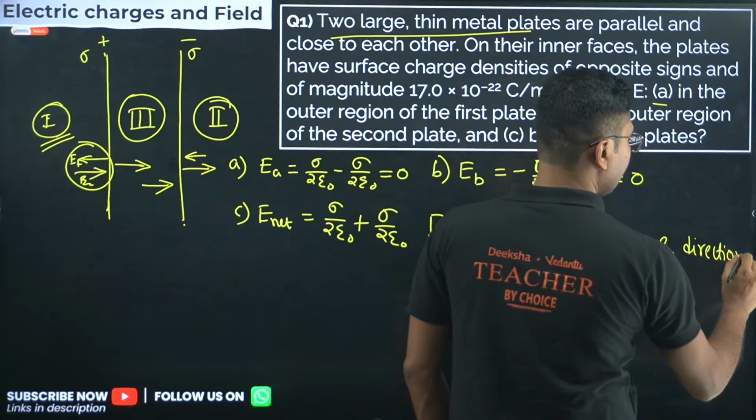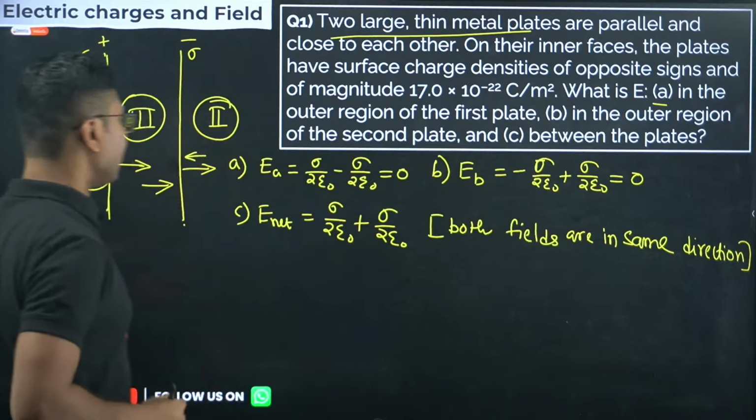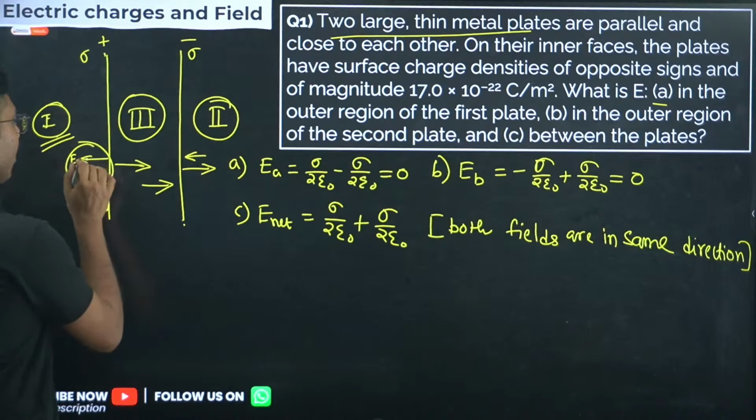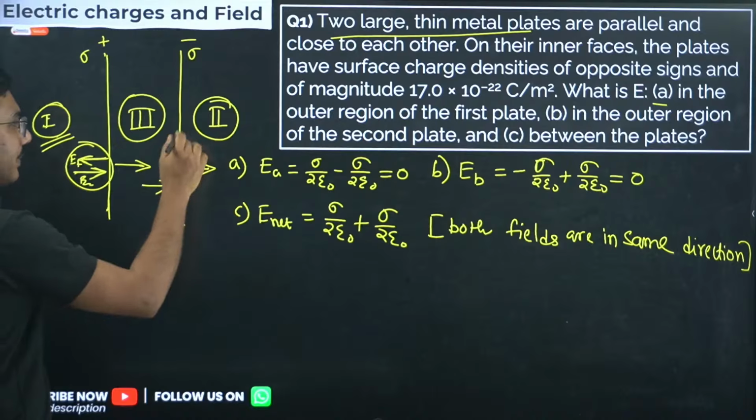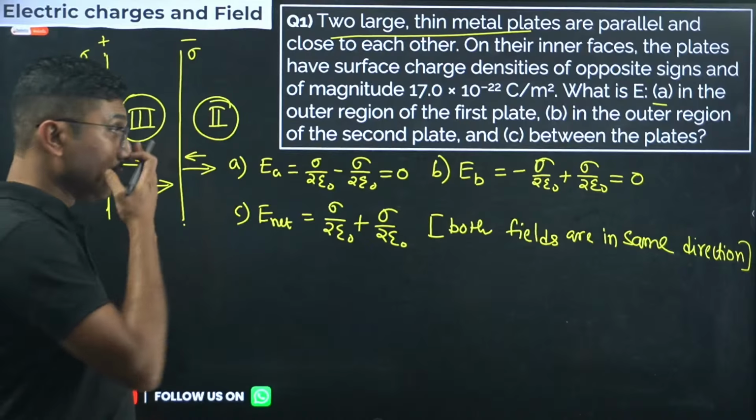So this is the basic logic of field problems. If this is positive, the field is away, here negative, the field is towards, and outside the plates they are opposite to each other and they cancel.